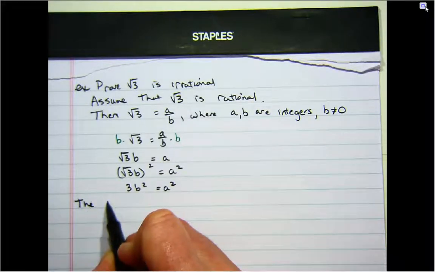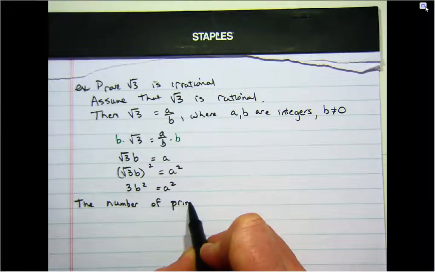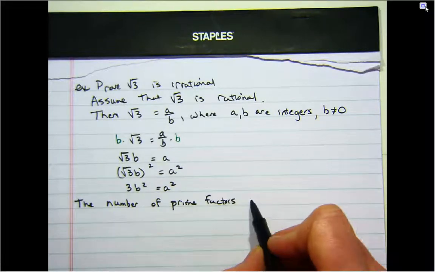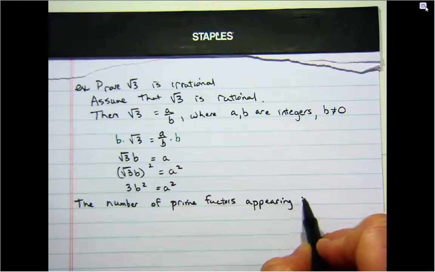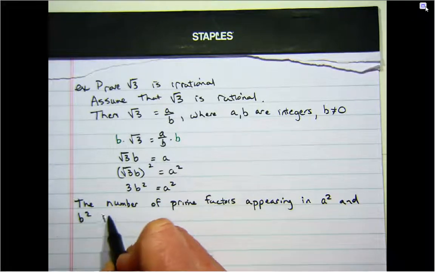And here's where you can say the conclusion then. The number of prime factors appearing in a squared and b squared is even.